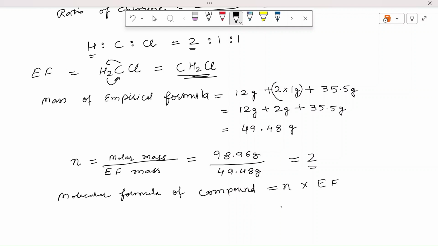So n is 2 and the empirical formula is CH2Cl. What happens with that is every atom becomes double, because n is 2.